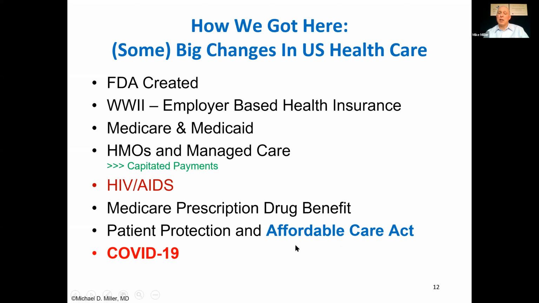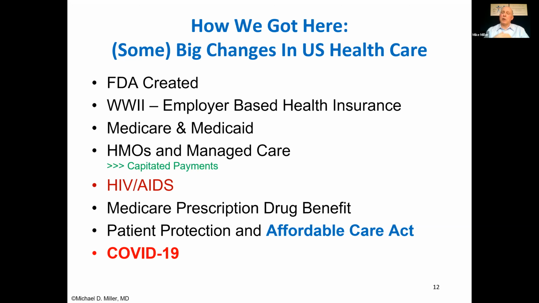And one thing it didn't get a lot of recognition for, and people still don't talk enough about this in my opinion, is it actually started to change the business model for insurance companies. Before the Affordable Care Act, the basic business model for most insurance companies was avoiding risk, avoiding those 5% of people who represented 50% of costs.